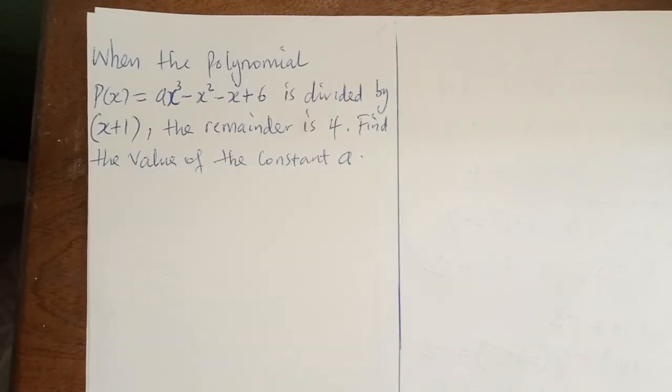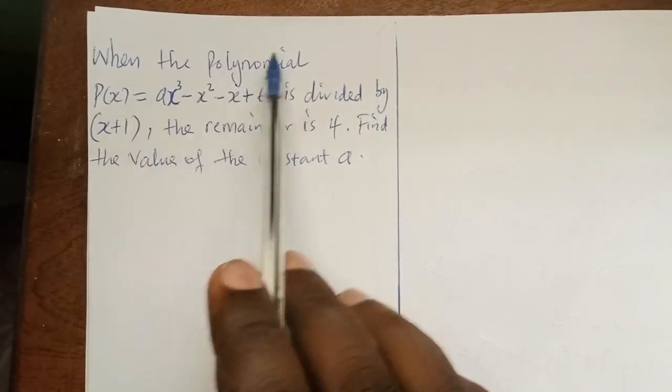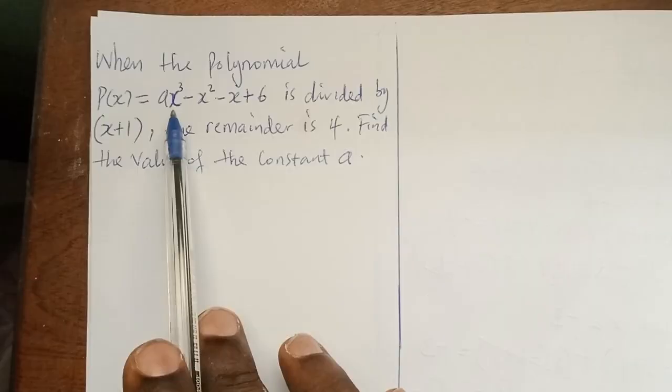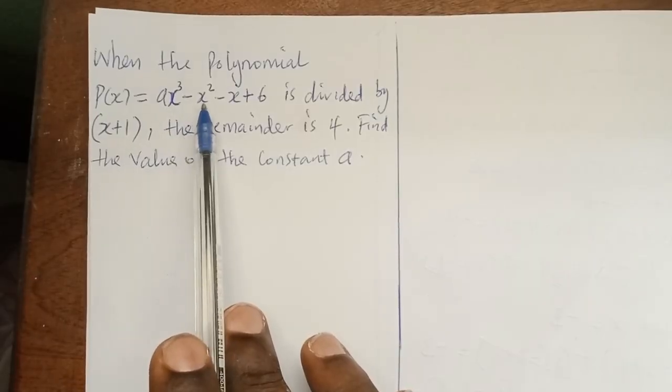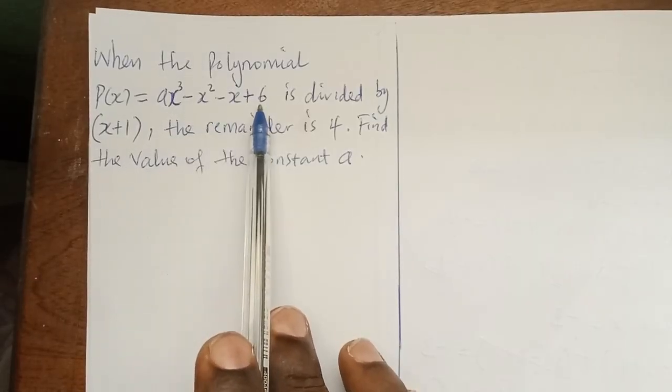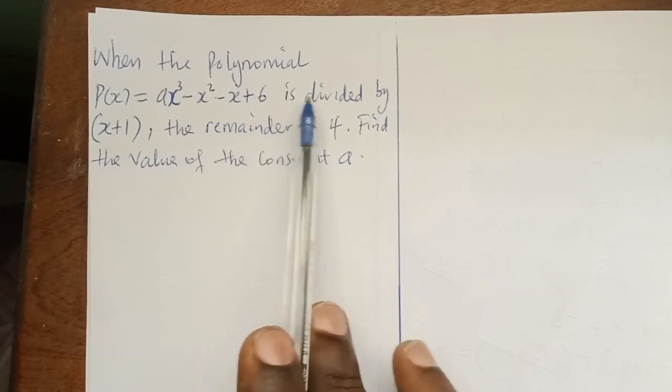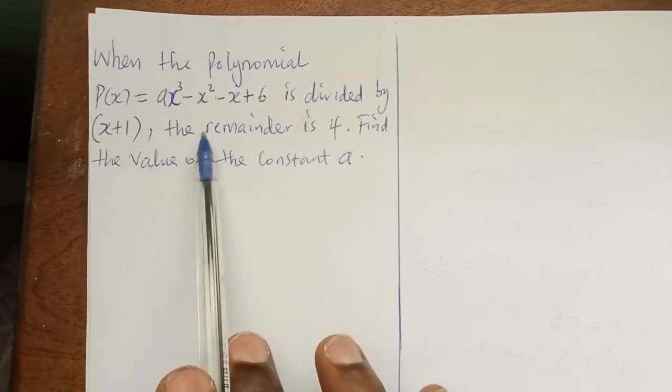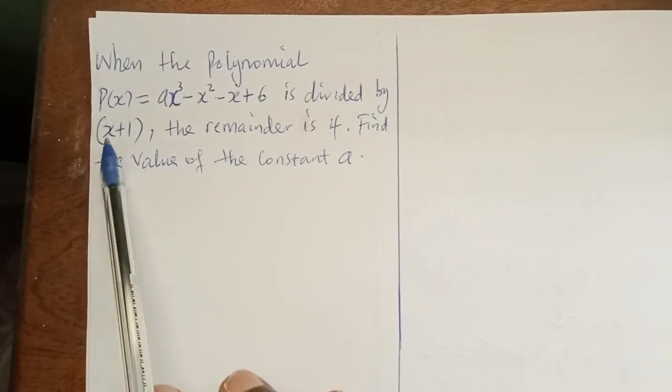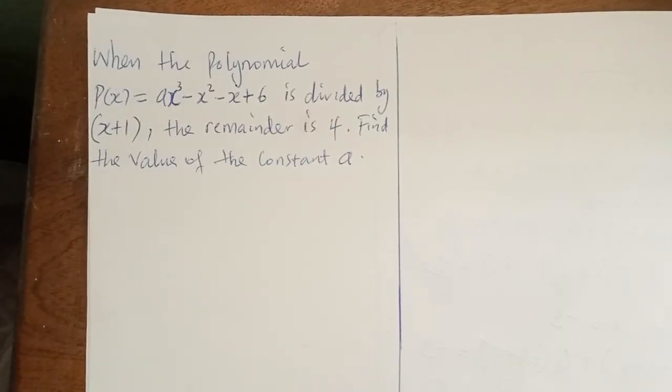First, we need to know that if the polynomial p of x equal to ax cubed minus x squared minus x plus 6 is divided by x plus 1, the remainder is 4. This means that x plus 1 is a factor.